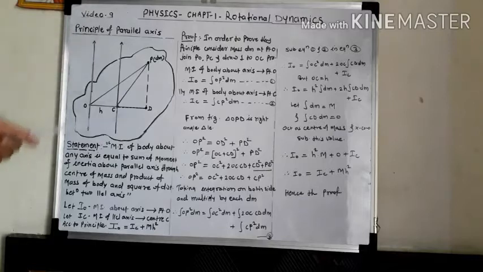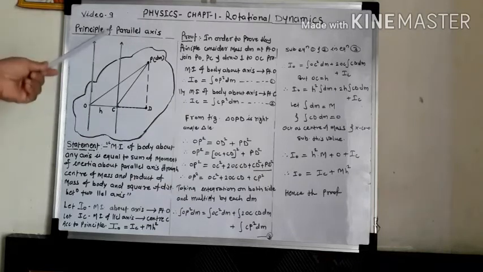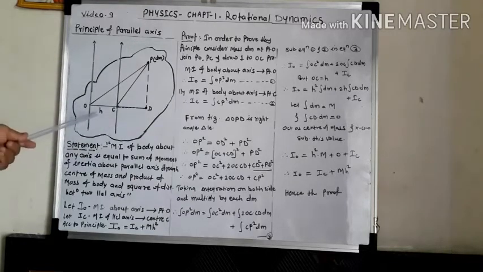Consider any rigid body. We consider a small element of mass dm at point P. Here we take the axis passing through the point O, then a parallel axis at distance h, which passes through the center of mass.